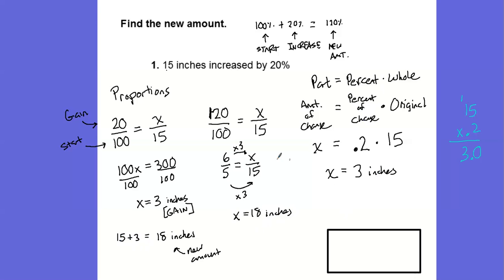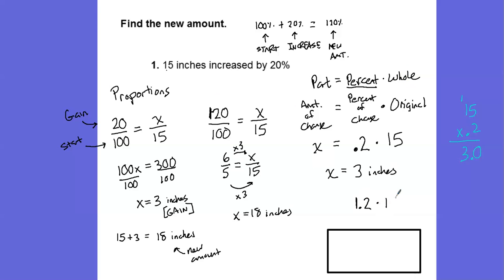Now, just like with the proportions, if I wanted to get there in one step, let's look at it using the 120% idea. My percent that I'm ending up with is really 120%. So I'm going to put 1.2 in for the percent. I'm using this formula here. My whole amount, or my starting value, is 15.